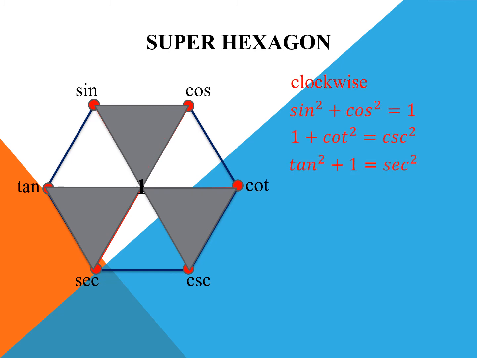What about if it is counterclockwise direction? Don't worry, the same pattern, but since it is counterclockwise, the positive will become negative. 1 minus cosine squared theta is equal to sine squared theta.